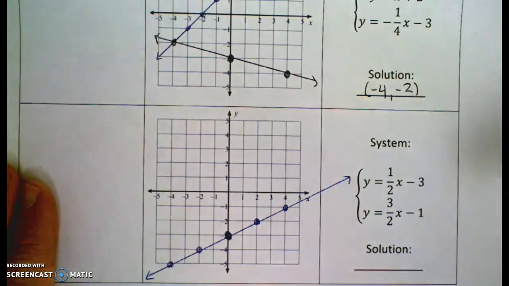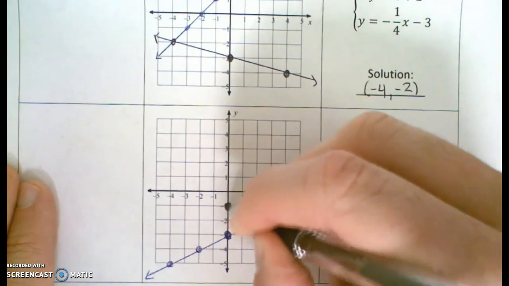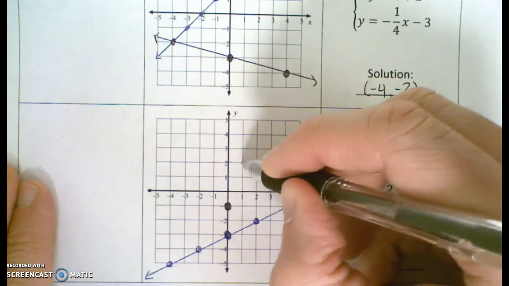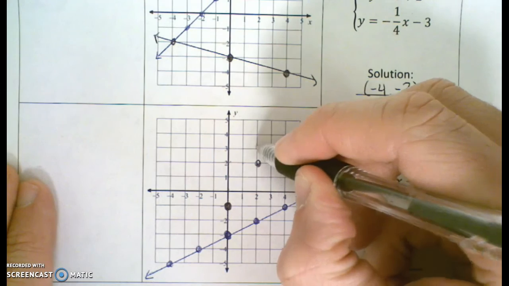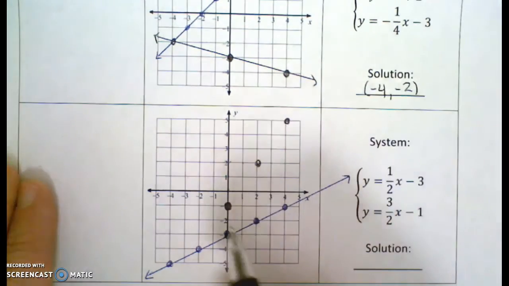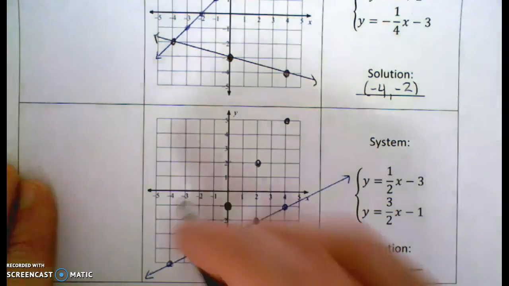Second line, the y-intercept is negative 1. The slope is 3/2. That means I'm going up 3 over 2. Up 3 over 2. Going back to the y-intercept, I'm going to do the reverse. So that means I'm going to go down 3 and over 2.